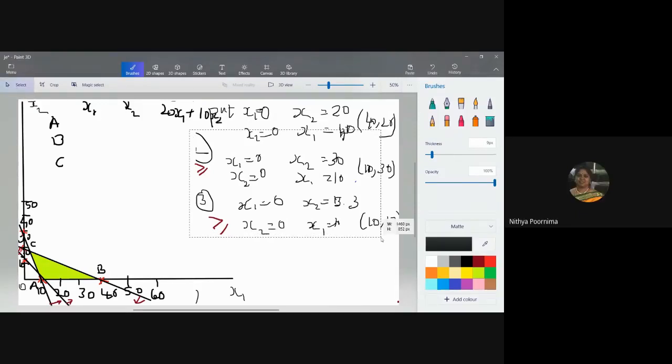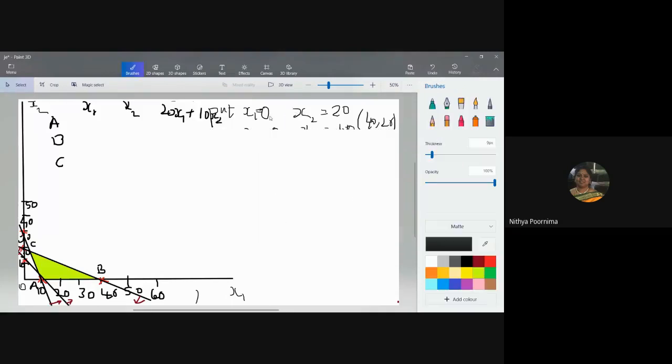This is min z. Now what is the coordinates for A? x1 is 10.